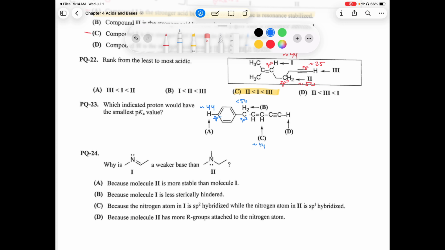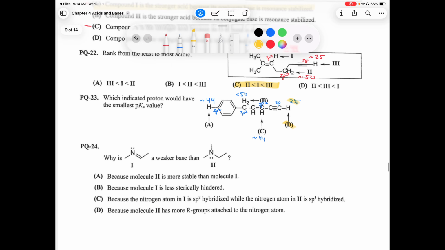It's on an sp2 hybridized carbon. And then in D, we're on an sp hybridized carbon, so 25. Even if you were off in your first three numbers, even if these were off by 10, you still see that this one is far and away the most acidic. It's much more acidic than all the rest. And so there we go. The answer is going to be D.